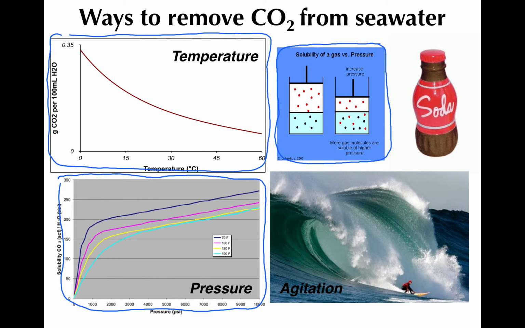Finally, agitation of water by waves can physically knock gas out of a solution, including carbon dioxide. So we might expect that carbonate would be more likely to precipitate in warm, shallow, well-agitated waters where CO2 is being released from solution. And this is true.